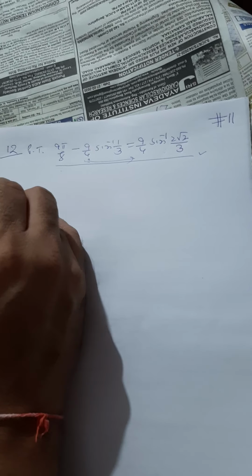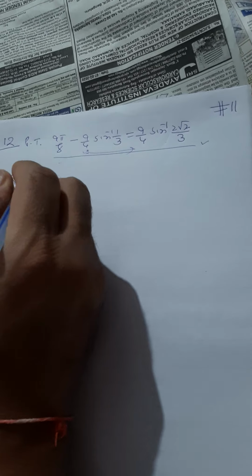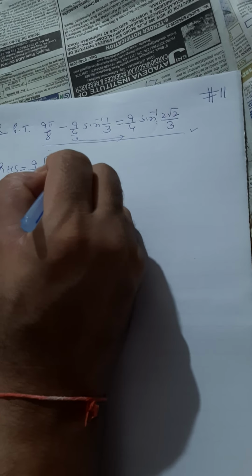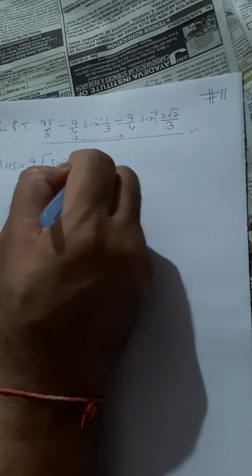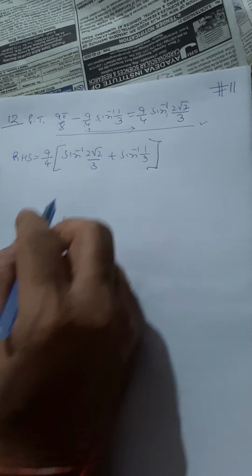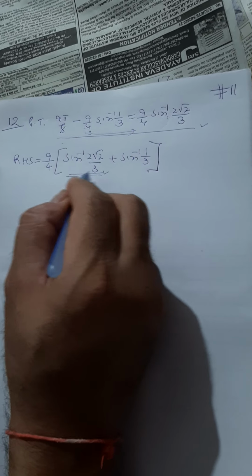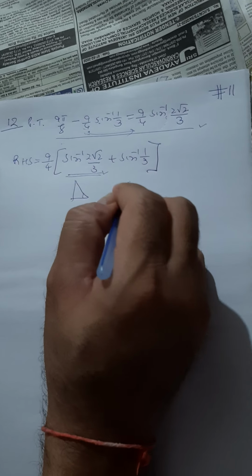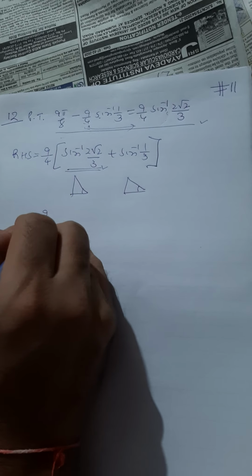So we want to prove this. So what I'll do, I'll take this expression on the right hand side. So I'll write RHS as, take 9 by 4 common. So this is sine inverse 2 root 2 by 3, this is sine inverse 1 by 3. Now this by right angle triangle you can reduce into tan inverse.